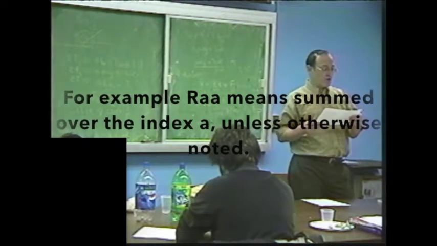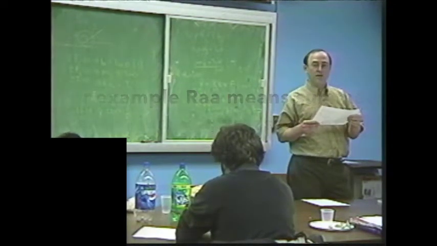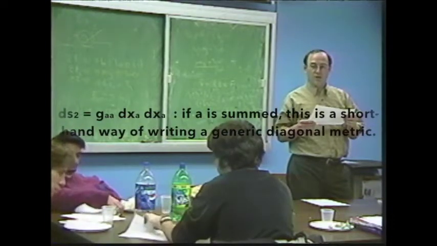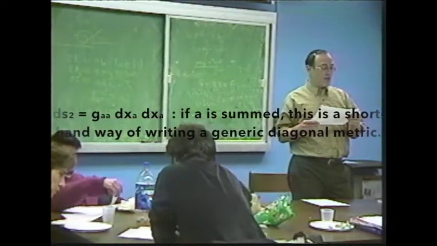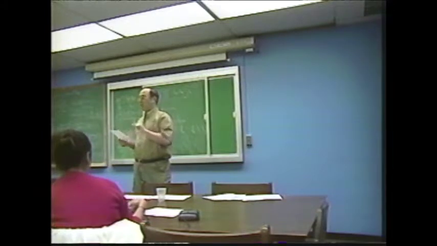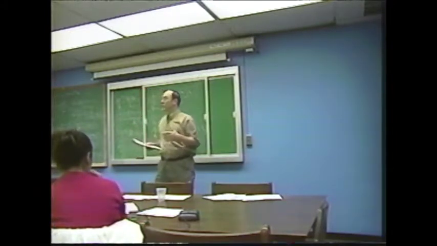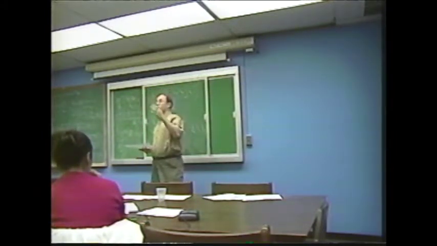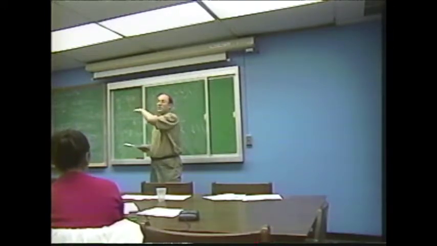So you'll have some function g with two indices, gaa, times dxa dxa. These little etas, a to a, a to b, if you remember, were the signatures. If you had a ds squared equals plus dx squared minus dy squared minus dt squared, whatever, the pluses or minuses were encapsulated in these little etas.